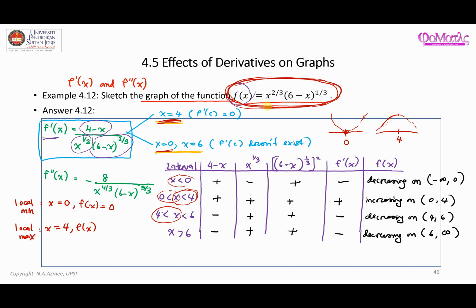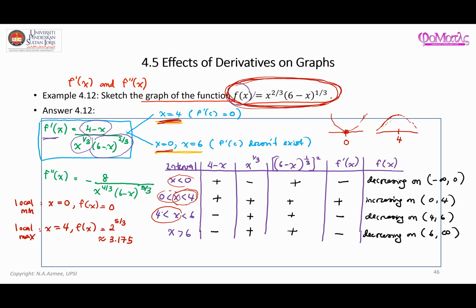When x equals 4 is substituted into this function, you will get that the answer is about 25 over 3, or approximately 3.175. It's about that value.